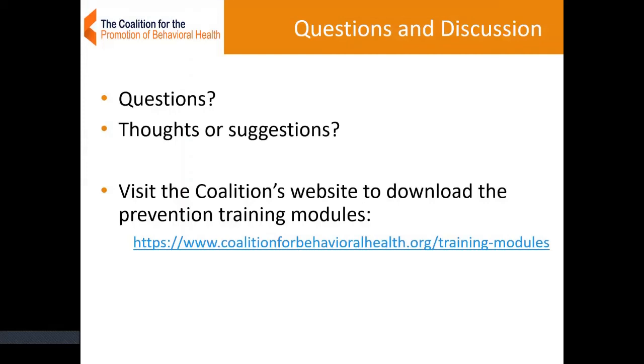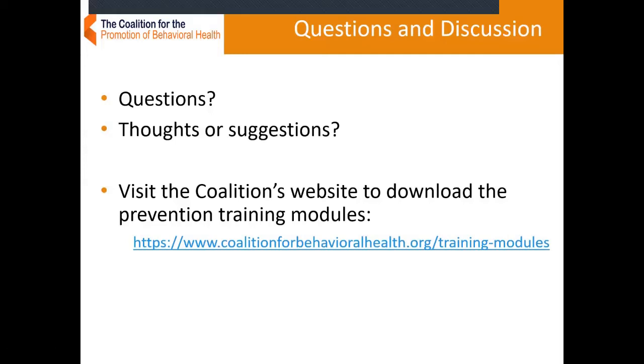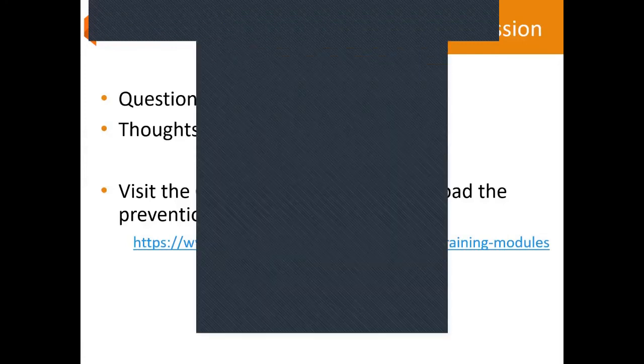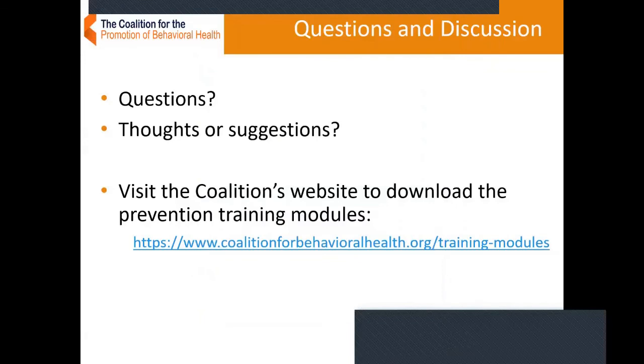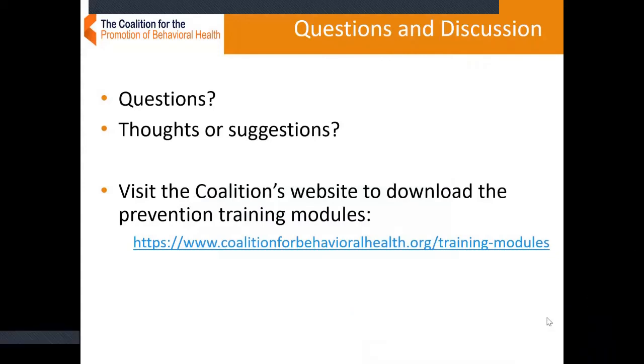A program like Life Skills Training may have positive effects on substance use, which is what it was originally created for, but also on other types of behavioral health problems that young people exhibit, such as more delinquent behavior. So we can often get multiple positive outcomes from one program. And it all begins with understanding what those common risk and protective factors are.